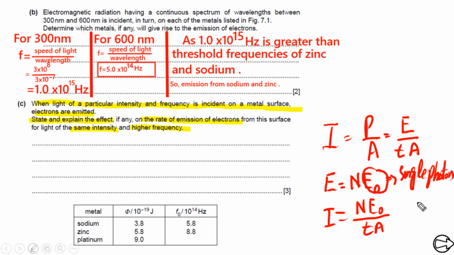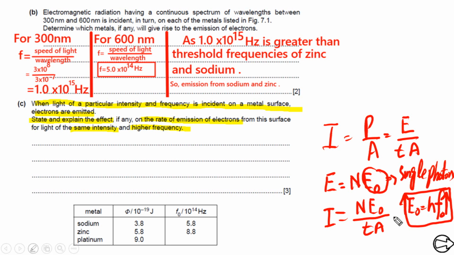Now the next thing we need to understand is that the energy of a photon is linked with its frequency. We can say E0 is equal to h f0. Now if we increase the frequency of the light, meaning the frequency of the photon, its energy will increase.